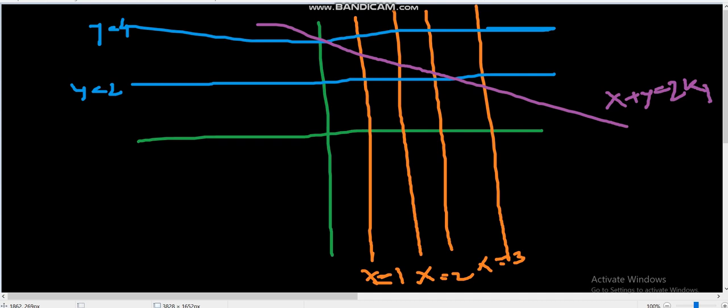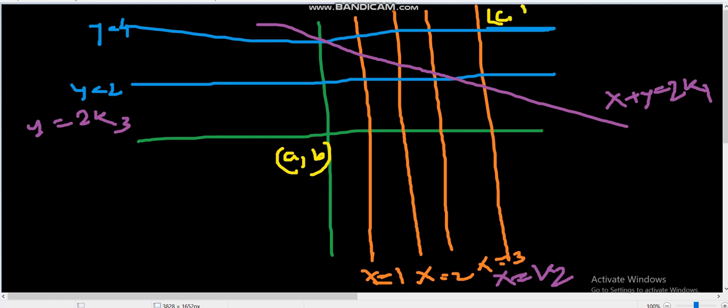So let's call it 2k1, x equals k2, and y equals 2k3. There are three types of lines: x equals k2, x plus y equals 2k1, and y equals 2k3. Okay, now we are given two pairs of integers, a comma b and c comma d.